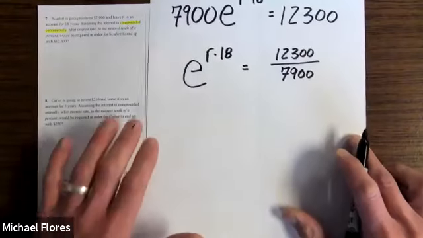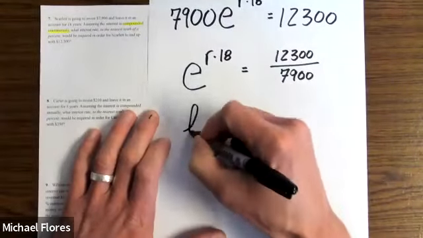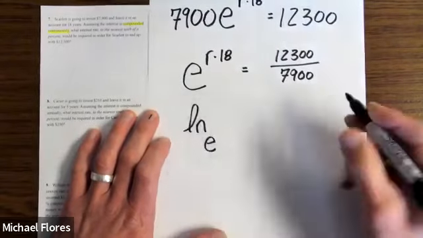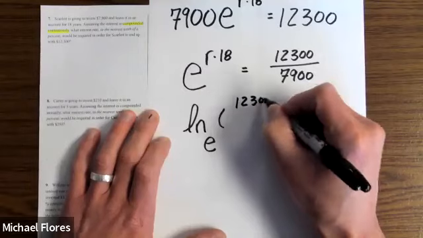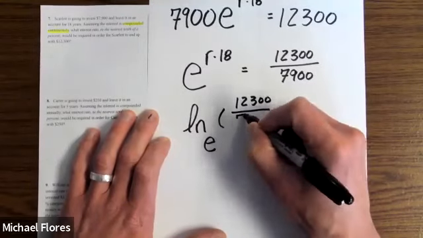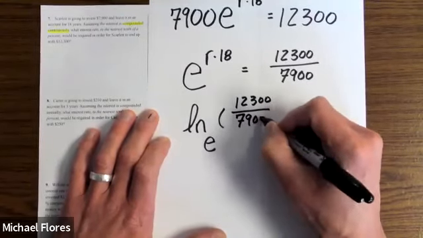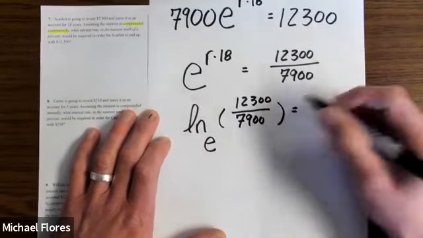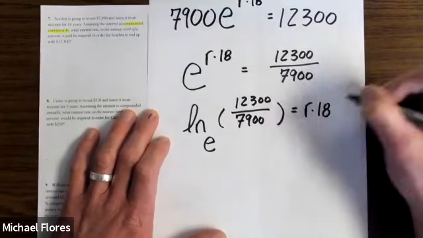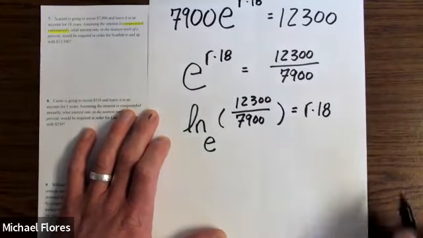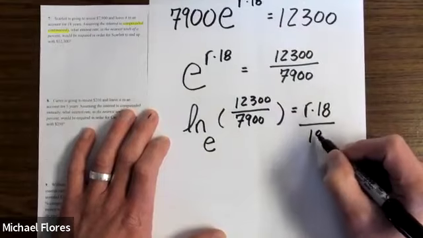Now we can convert to natural logarithmic form. So ln base e, and in order to solve for r, we would now need to divide both sides by 18.